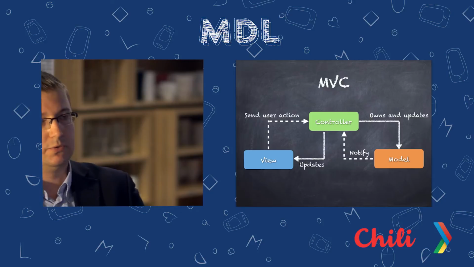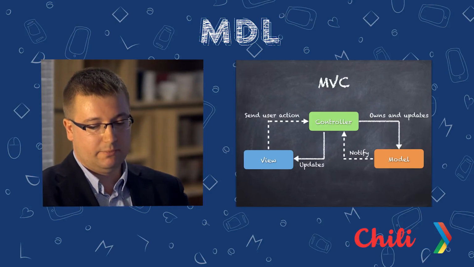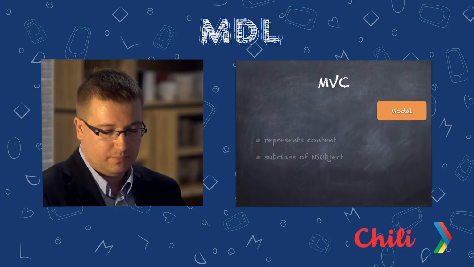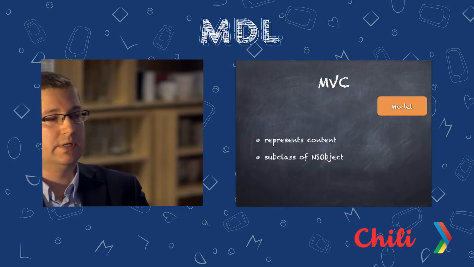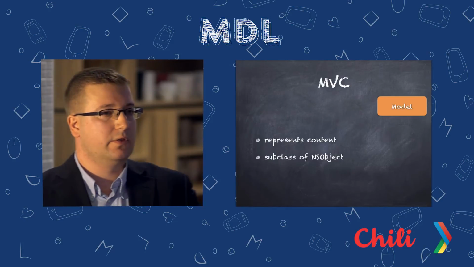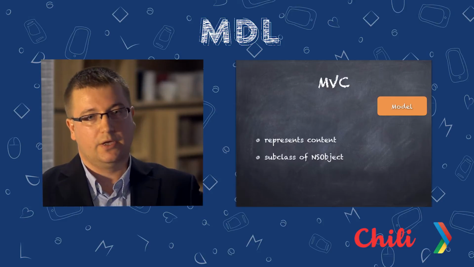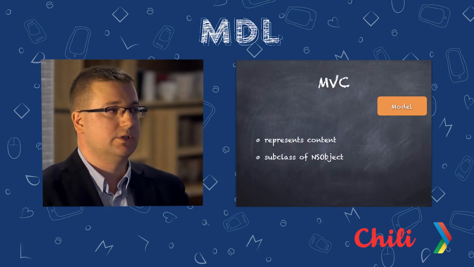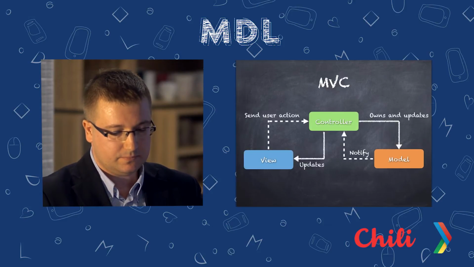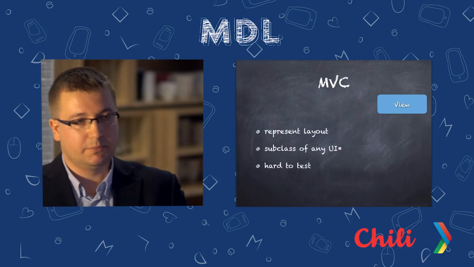We have the controller, which is basically the center of the application. We have the model and the view. The model represents the content. In our case, it's just a gift, which stores the gift name and a price tag. Usually it's a simple NSObject, just a plain object, nothing more. The view represents the layout.